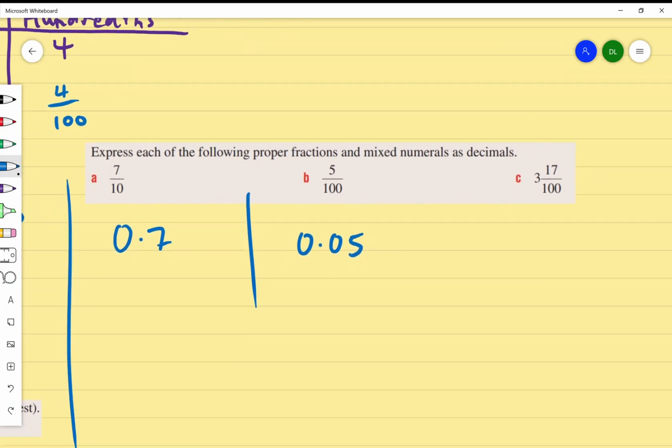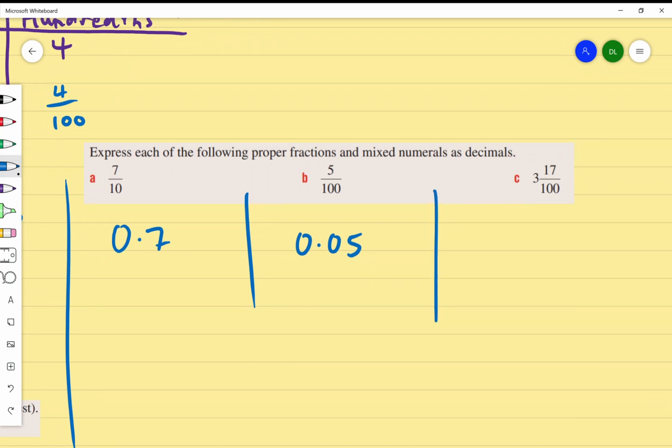Awesome. Last one here, it's a bit trickier. Like I said earlier, we're looking at mixed numbers before. So 3 and 17 over 100. Do we do anything with a 3, Tamika? No, we just leave it there. And we focus on the 17 over 100. 17 over 100 is in the what position?